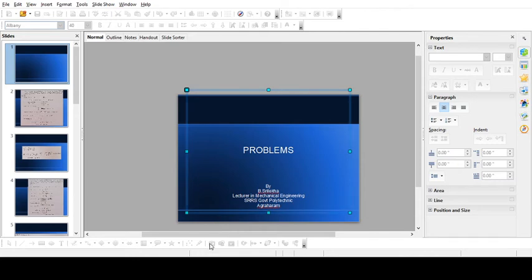So 50 by 2.07 into 10 to the power of 5 plus 80 into 0.3 by 2.07 into 10 to the power of 5. So you will get the strain in the x direction as 0.357 into 10 to the power of minus 3.